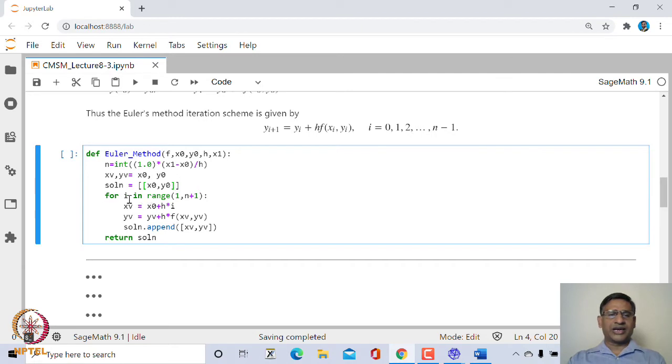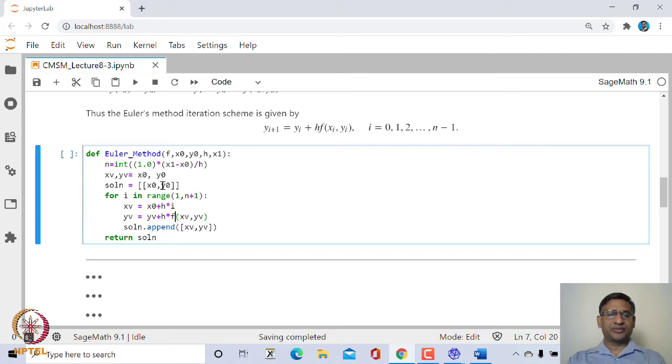So now for i going in the range of 1 to n plus 1, because you have to go up to n, since xn is your b, that is x1. For i equal to 0 it is already given, therefore we start from i equal to 1. And then what is xv? xv is x0 plus h times i, that is the ith node point, and the value of yv is the previous value of yv.